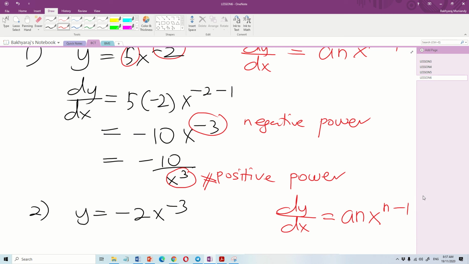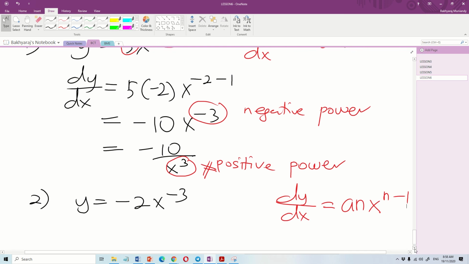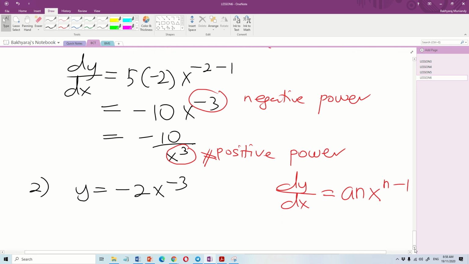Since we have negative power, we have to make it positive power. Mesti kena jadi positive power. So my answer is dy/dx equals... okay, ialah sama dengan berapa?